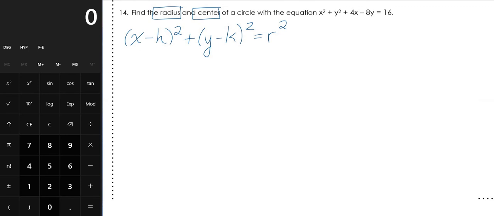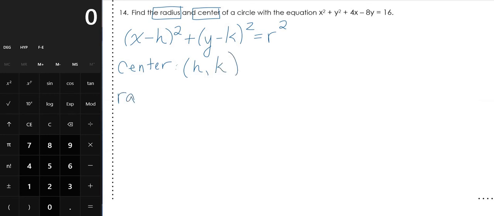That's standard format. That's clearly not what this is in, but that's standard format. When it's in this format, your center is really easy to solve for. Your center is basically the opposite sign of h and k. So whatever you see in there, if it's positive or negative, take the opposite sign. So your center is the coordinate h comma k.